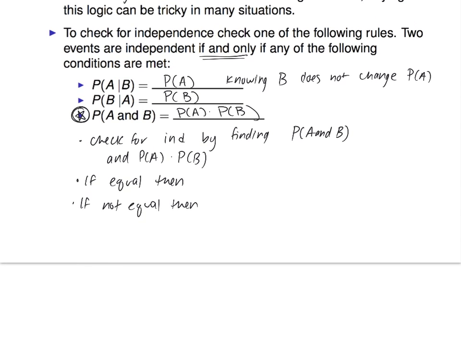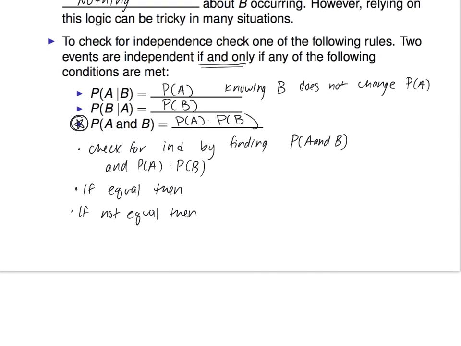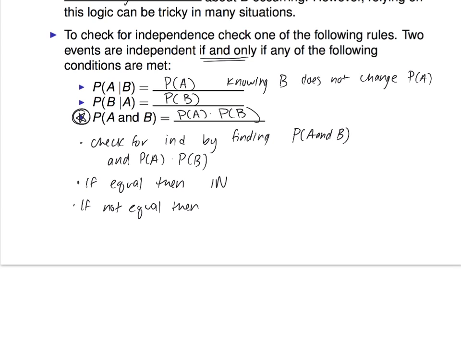If P of A and B is equal to P of A times P of B, then the events are what? Then they're independent. If they're not equal, then they're not independent.